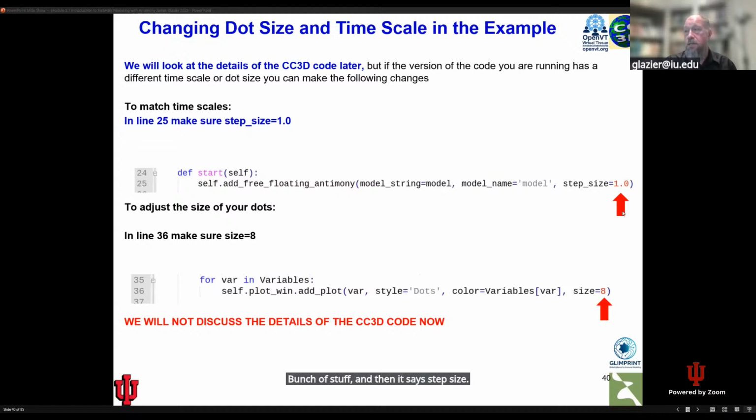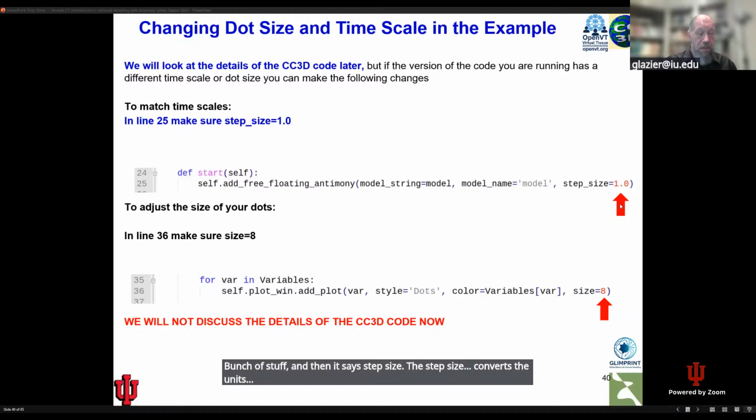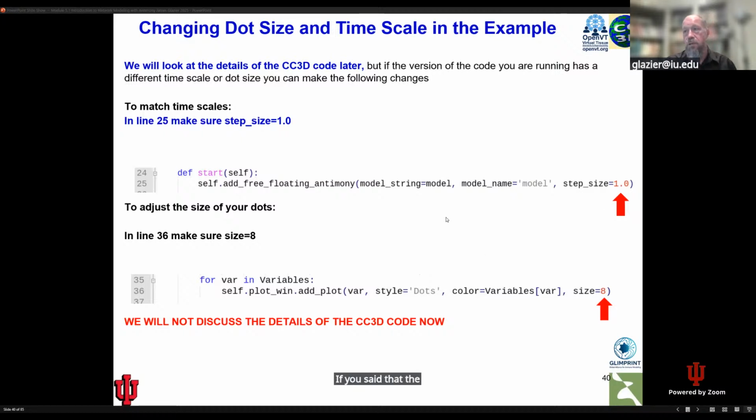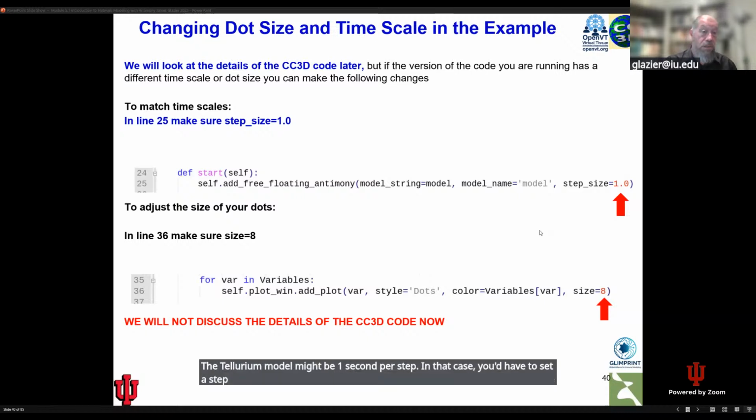This step size converts the units of CompuCell, those Monte Carlo step units, to the units of Tellurium. If you said that the CompuCell model was 1 minute per step, the Tellurium model might be 1 second per step. In that case, you'd have to set a step size of 1/60.